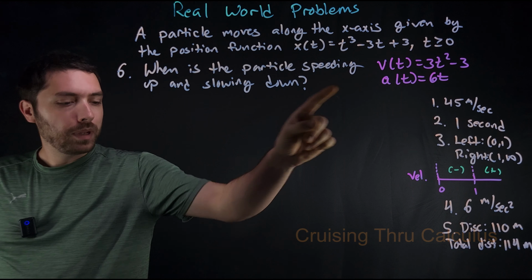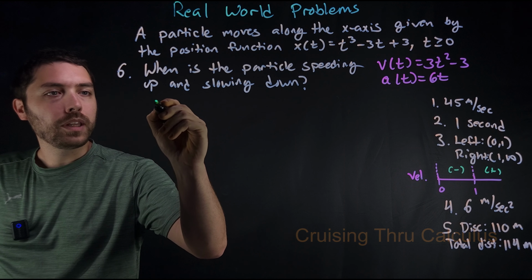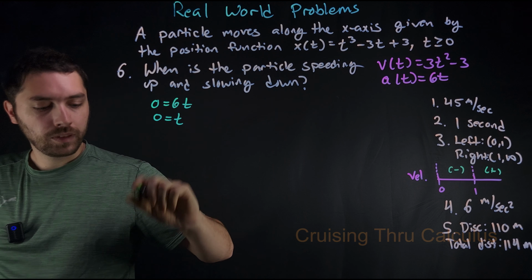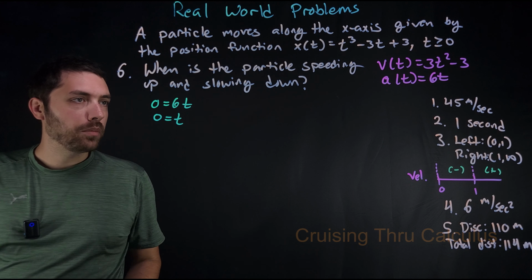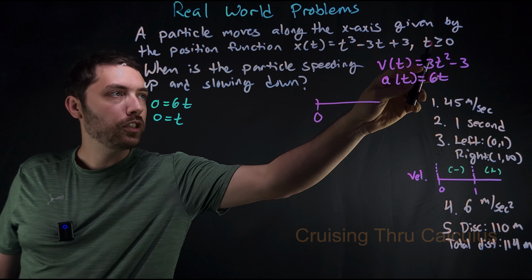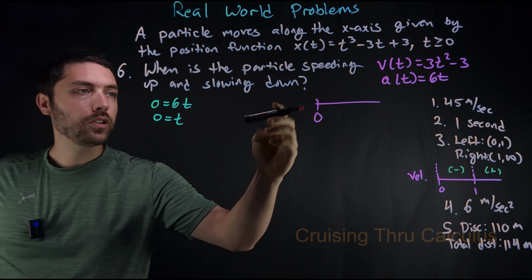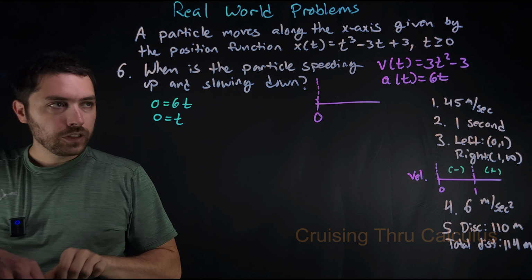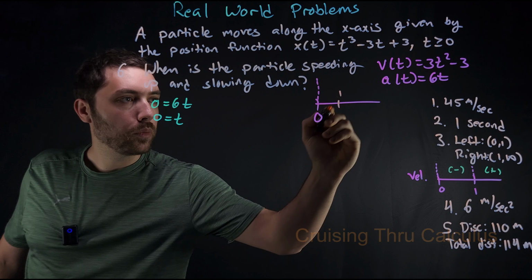Let's start by figuring out what makes acceleration equal to 0. Well, that's a pretty simple one in this case. It's just 0. Then let's create a number line here. Let's put our number 0 on here. And because t is greater than or equal to 0, I don't need to worry about what's over here, but I definitely do need to worry about what's over here. So let me pick a test number. Any number will do.